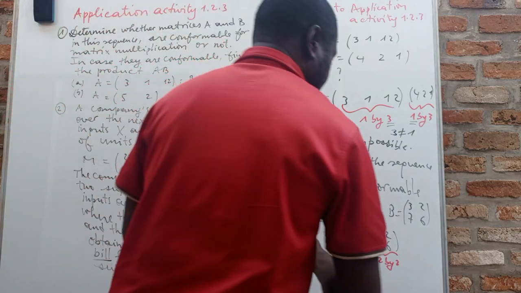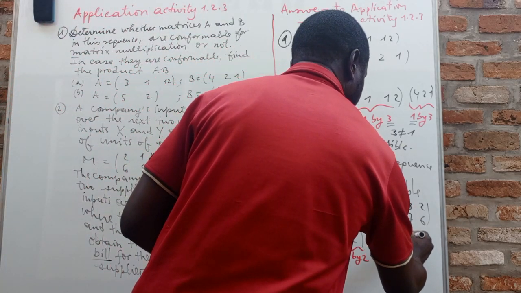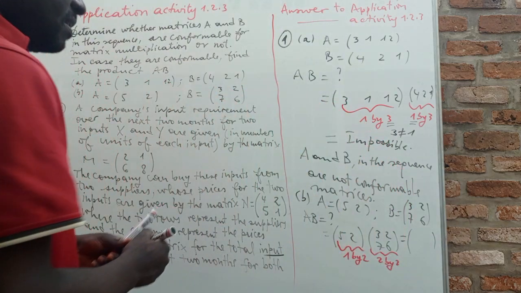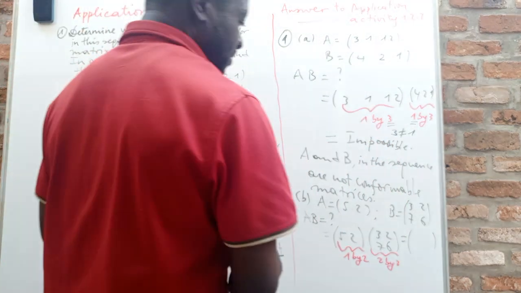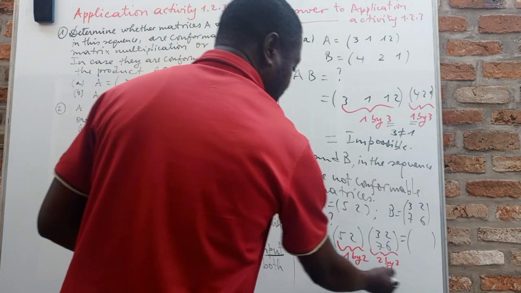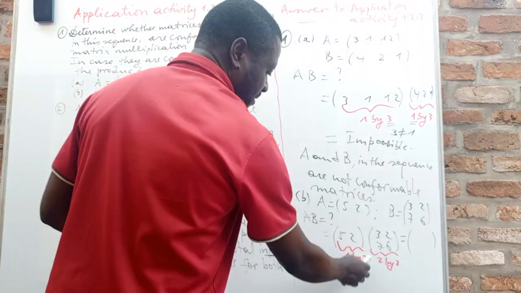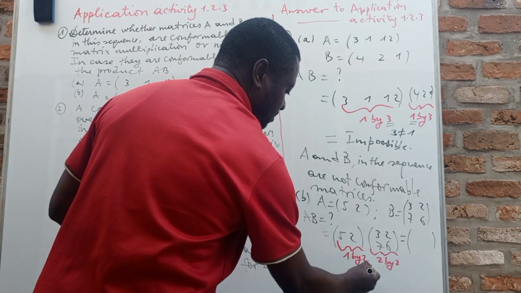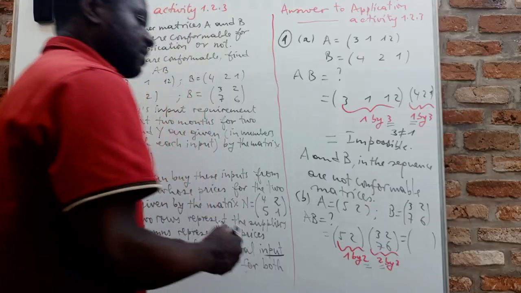Which means that we can find the product, and in this case the matrix that we are going to have will be a 1 by 2 matrix, because the number of columns of the first one is 2, and the number of rows of the second one is also 2.